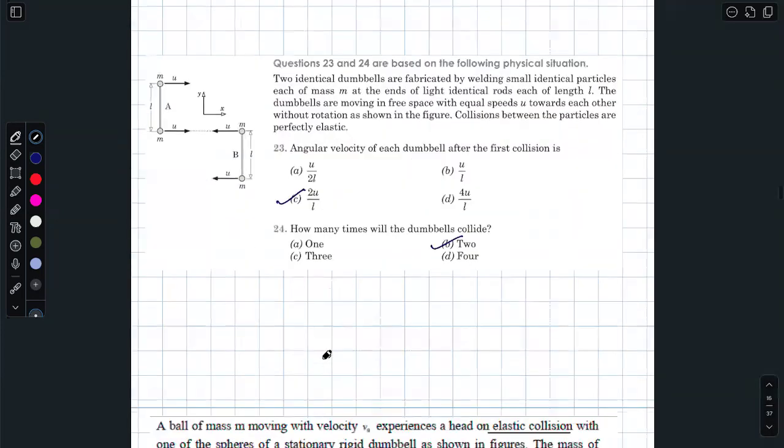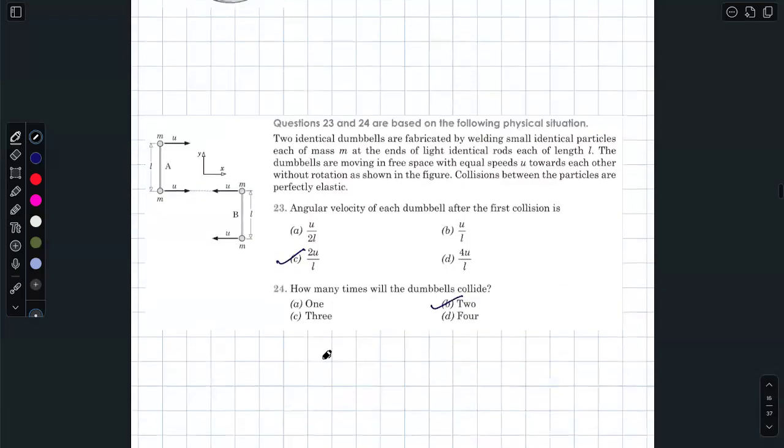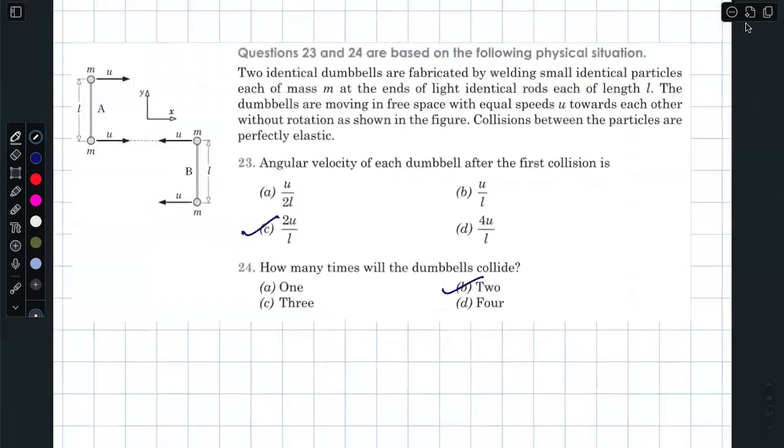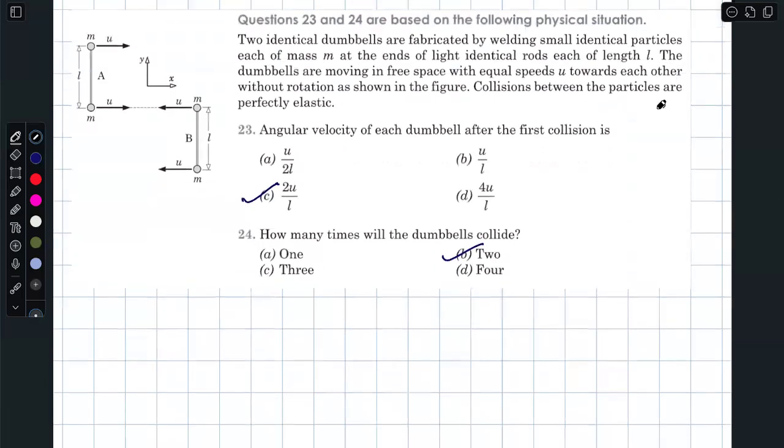See this question. Everyone try to see this question. Questions 23, 24 are based on the following physical situations. We have 2 identical dumbbells.